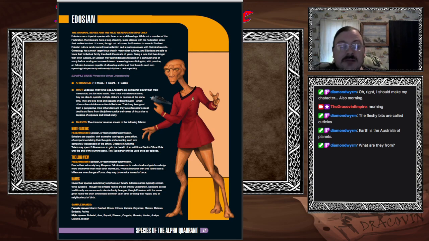Effectively, they disagree with enough stuff that they don't want to join, but they're allied enough to be friendly towards it. Their culture tends towards inner reflection and a lot of historical records. Genealogy is a very important thing amongst their people, so they can trace back your family for a long period of time. And they live longer than Vulcans.